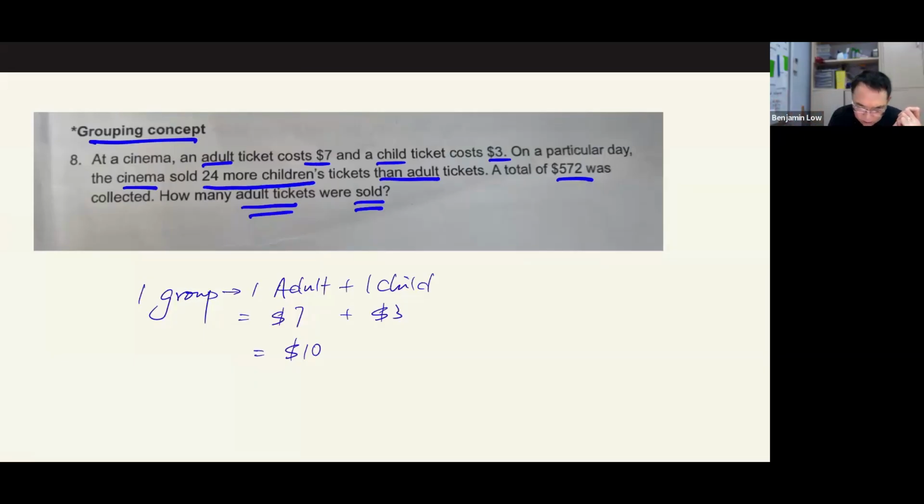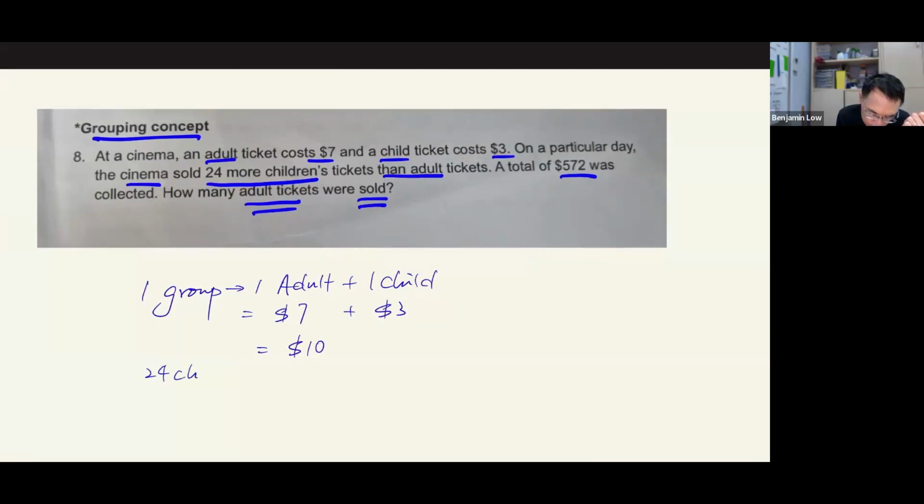All right, so remove. Okay, remove what? Remove 24 children's tickets, and each child ticket is $3. So I'm going to write 24 children. It means 24 children tickets. So 24 times 3, that's 72. Now remember what I said?